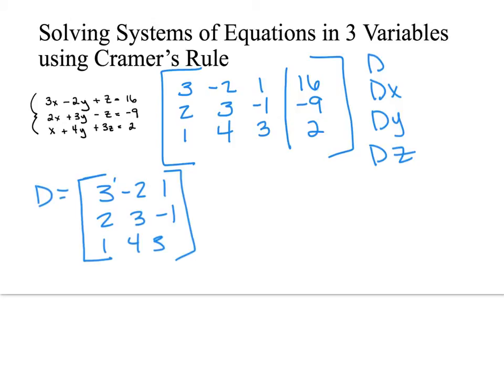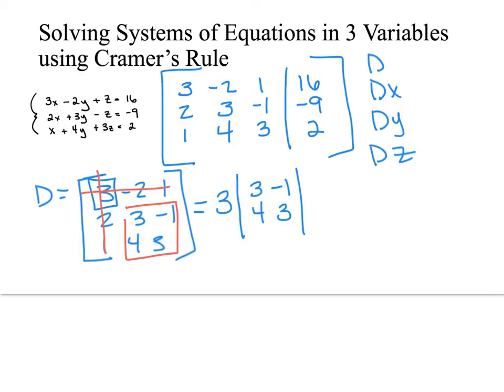So the first thing we're going to use is A1, which is 3, plus A1's minor, which again, remember, we're going to take the row and the column out, and that's going to leave us with this 2 by 2 here. And there's the 2 by 2.